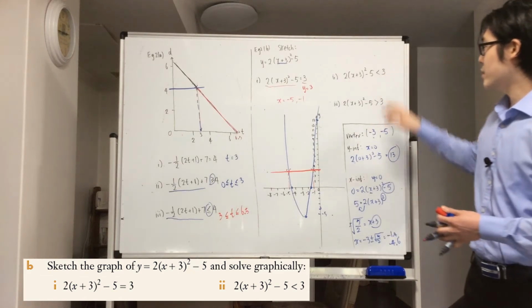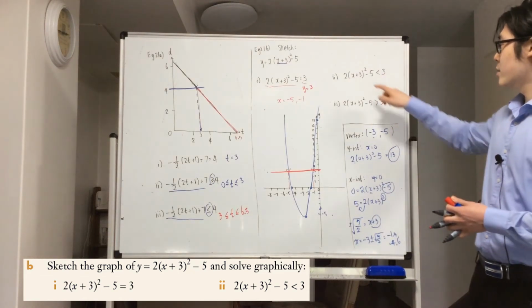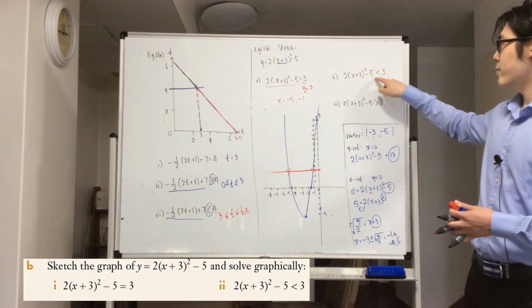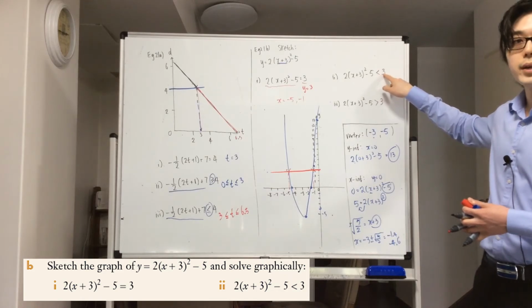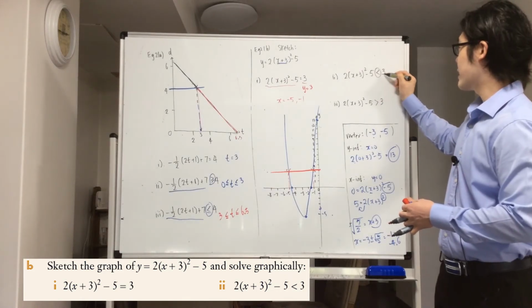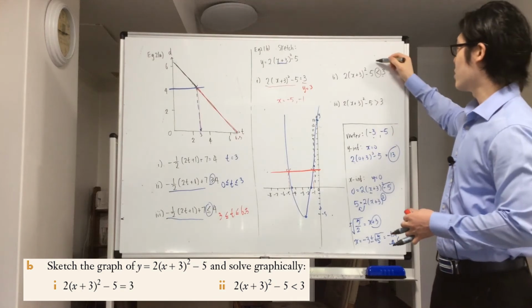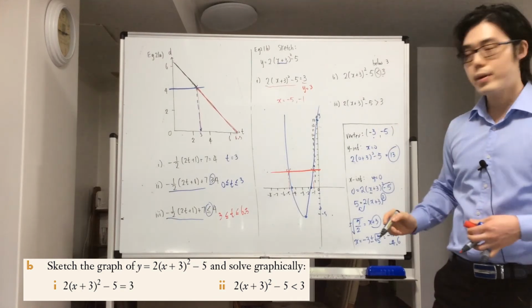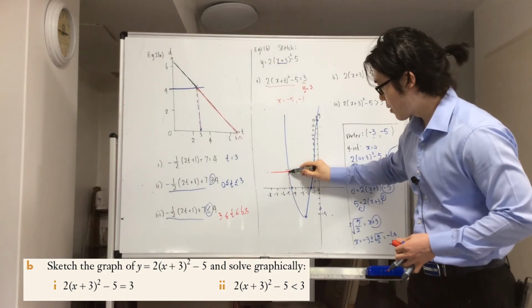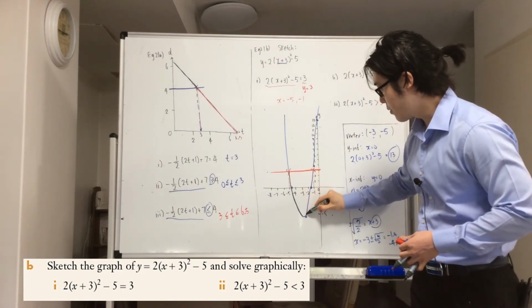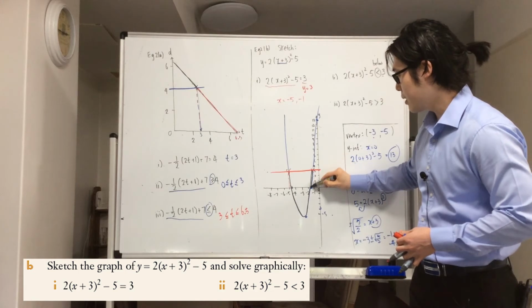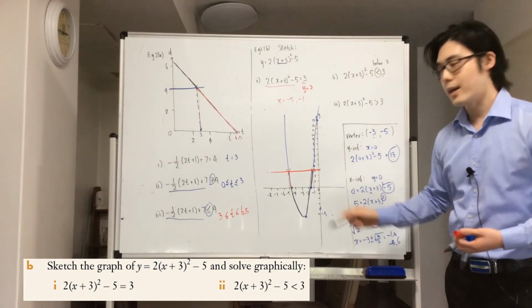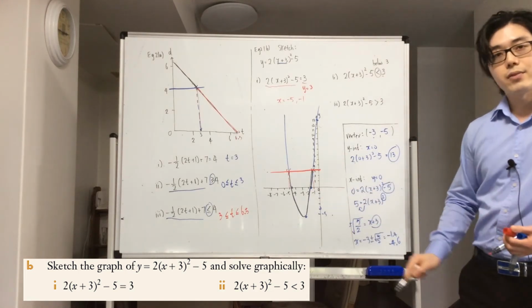Now here are 2 additional questions from me. So now let's have a look at the part of the graph where it's less than 3. If it's less than 3, that means you're looking at the graph where it's below 3. So below 3 part of the graph is here. So in other words, what are all the x values in that part of the graph?